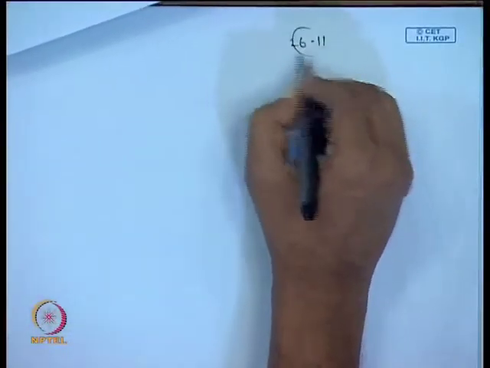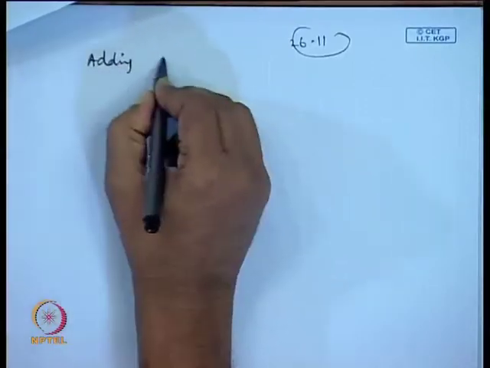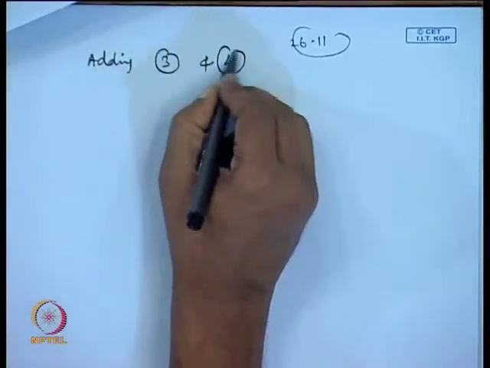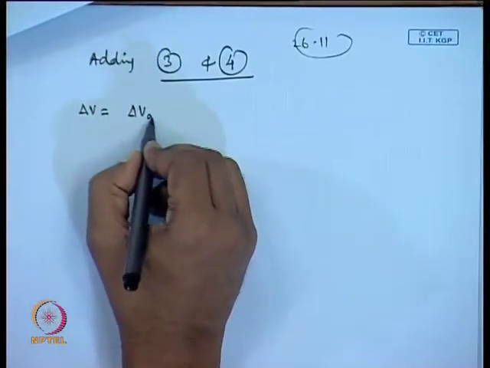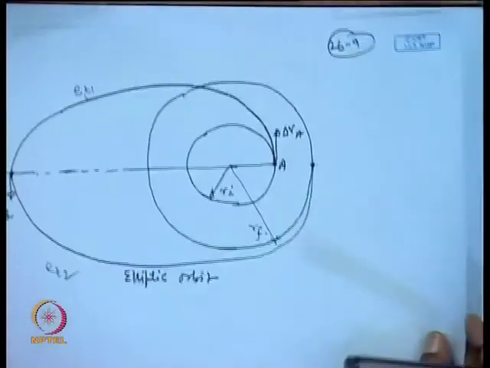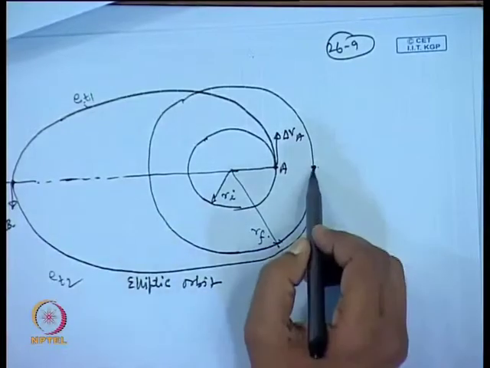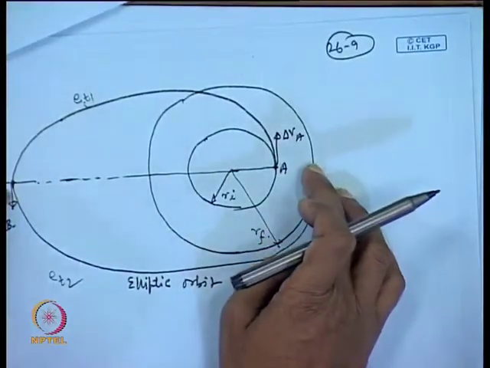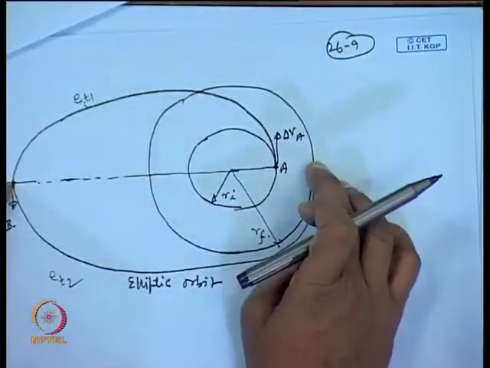So, delta V B becomes... now add these two equations. Adding 3 and 4, this gives you delta V is equal to delta V A plus delta V B. It is written in terms of delta V because you need impulse to escape from this, but as a whole we are calculating the energy required to get into this circular orbit.